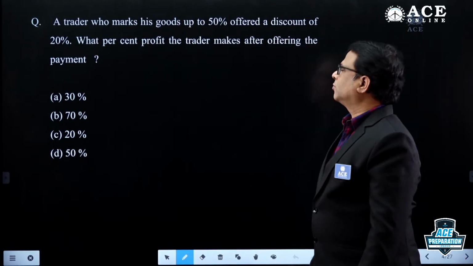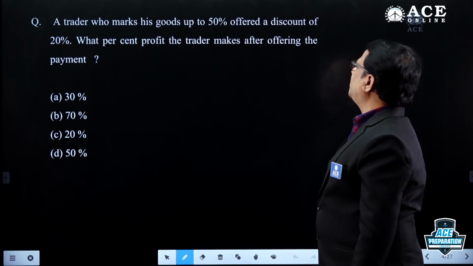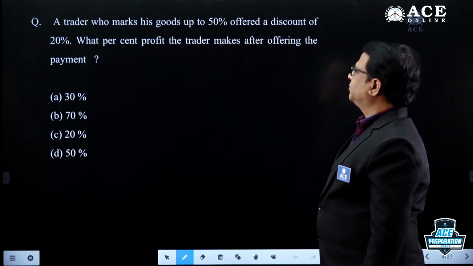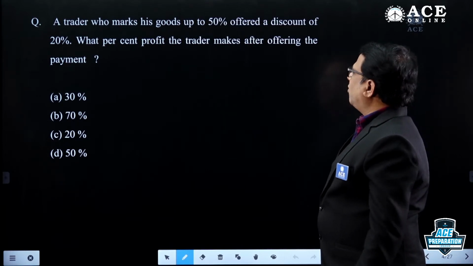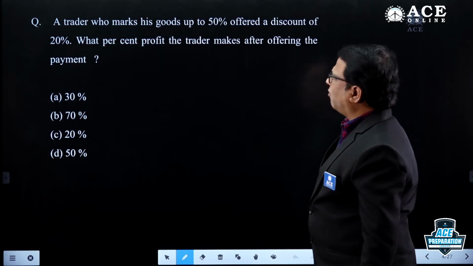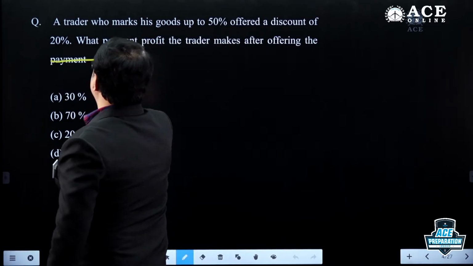Next question. A trader who marks his goods up to 50% offered a discount of 20%. What percent profit does the trader make after offering the discount? It should be discount, not payment.